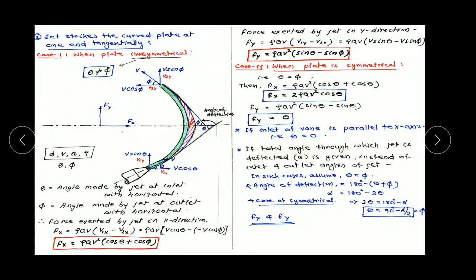So Fx equals rho a v square into cos theta plus cos phi. This is the force exerted in the x direction.